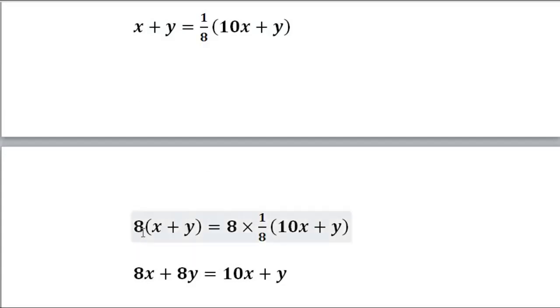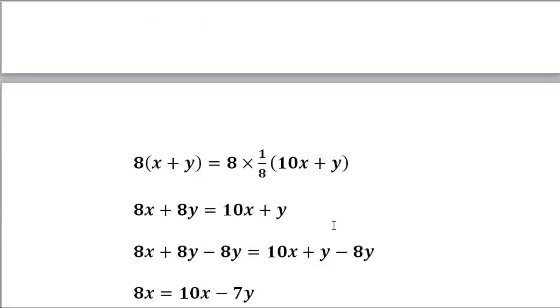We get 8 into x plus y equals 8 times 1/8 into 10x plus y. By cancellation property, we can cancel out 8 by 8. We get 8 times x, 8x, and 8 times y, 8y, equals the right side 10x plus y.